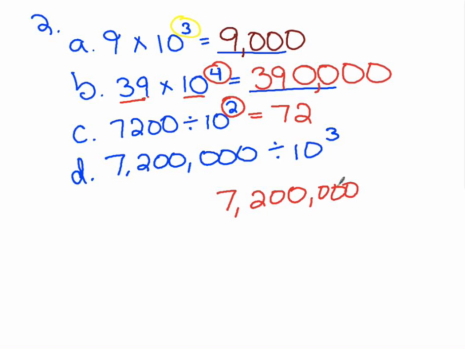Because if you put the commas in, that gets confusing when you start moving decimals. So at this point, I would even say don't even put the commas in. Because will that number still be 7,200,000 when we're done with it? Will it be? Because we're dividing it, right? And when you divide, the number becomes smaller.